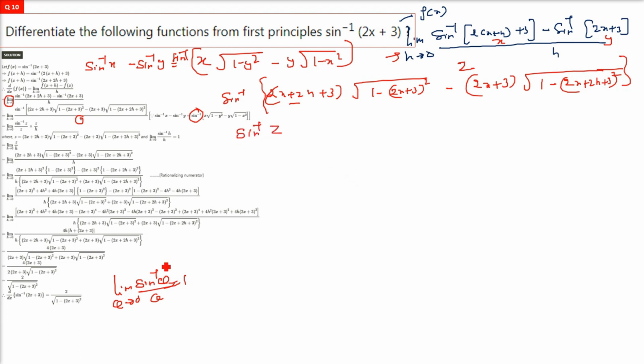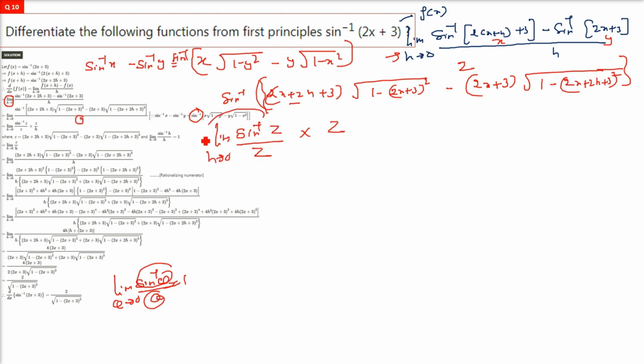So I am taking everything inside sin inverse and calling it z, so it is sin inverse z. If I have a z in the denominator, I have to have a z in the numerator also. The z is the total term, this whole term which I am saying.